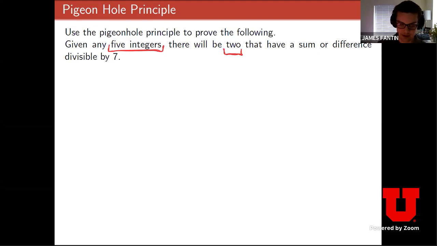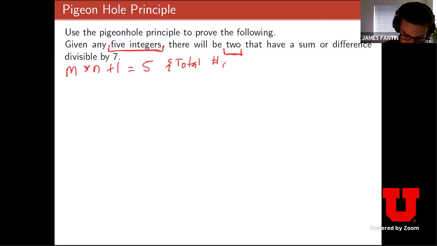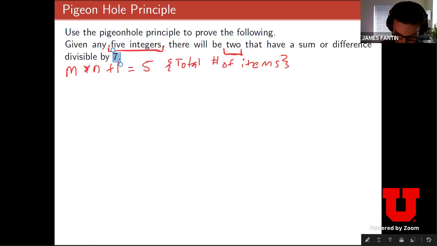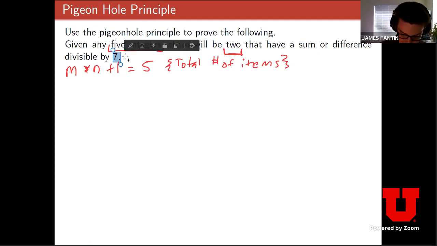Yeah, so someone said in chat, because we're given any 5 integers, that then we let m times n plus 1 is equal to 5, where this is the total number of items. That will always be the case in any pigeonhole problem. And then what we also have is that there's 2 that have a sum or difference divisible by 7.